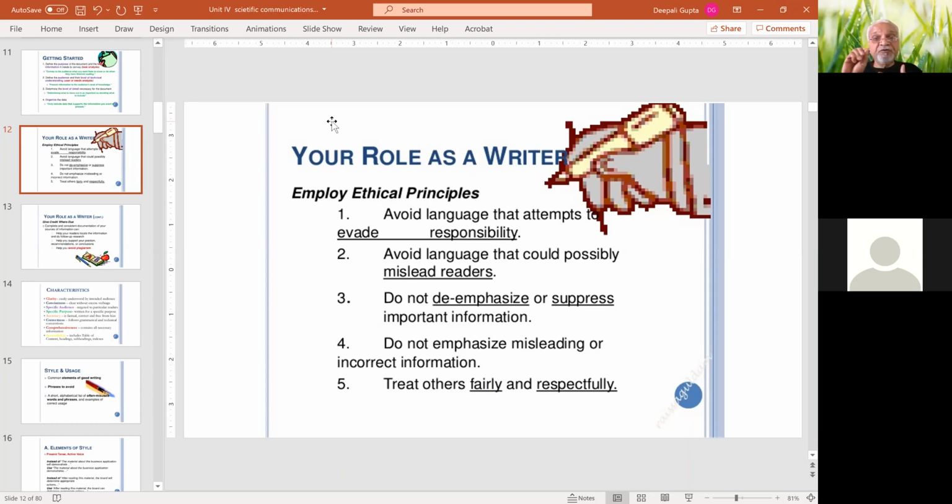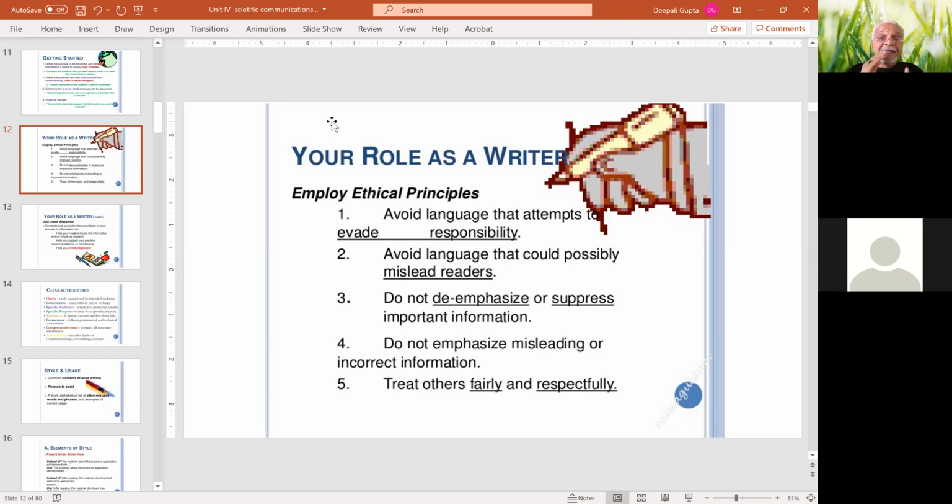The language you use in the document should make the readers understand that you are responsible for this document. That is one point: use such language that you are owning the responsibility of the document.